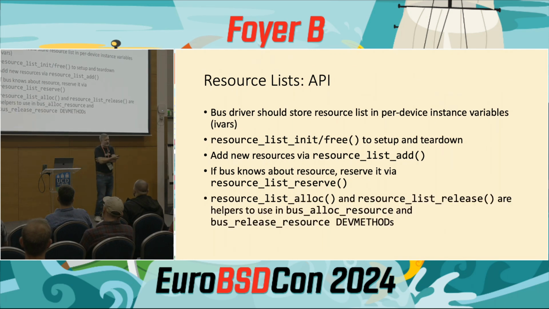And then finally, there's a couple of helpers, resource_list_alloc and resource_list_release, that are useful in your bus driver's bus_generic or bus_alloc_resource and bus_release_resource methods. They're helpers that take care of finding the resource list entry, making sure that the device has asked for a known resource, and then asking the parent for the resource and fixing up the RLE after it comes back down, and then unwinding that in release.